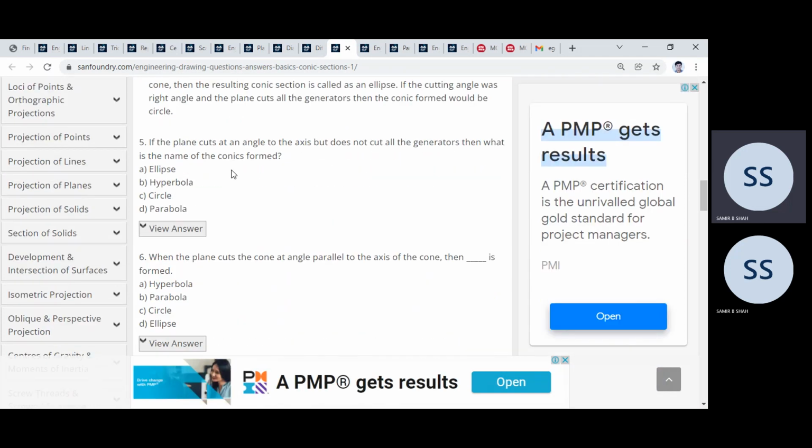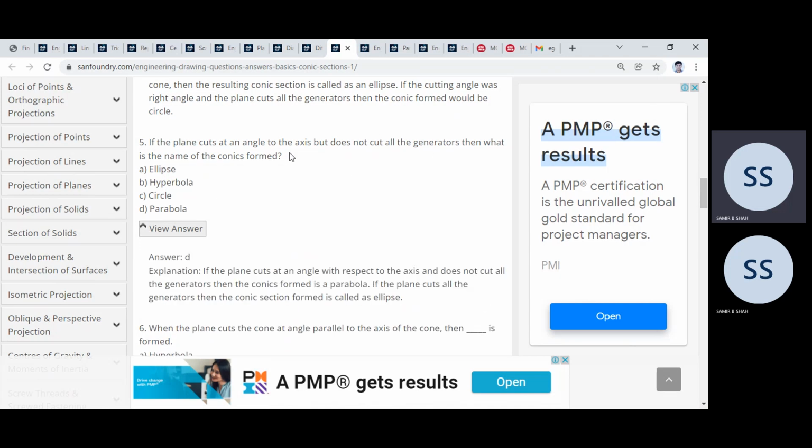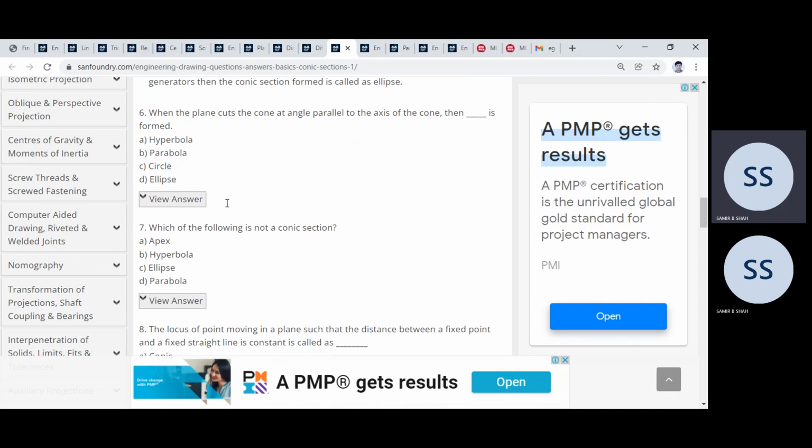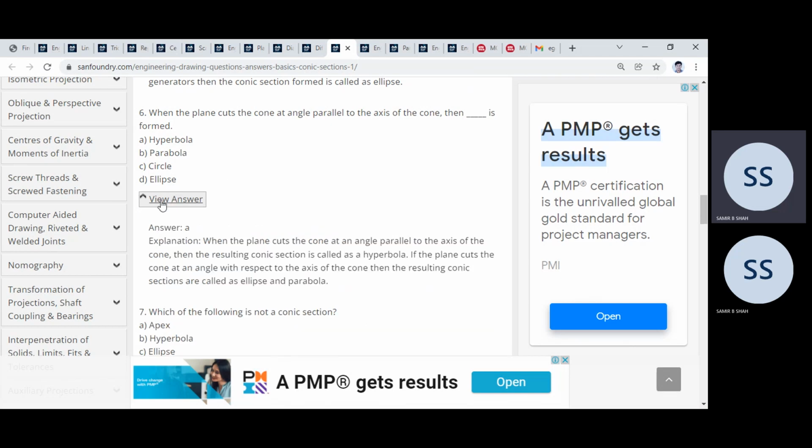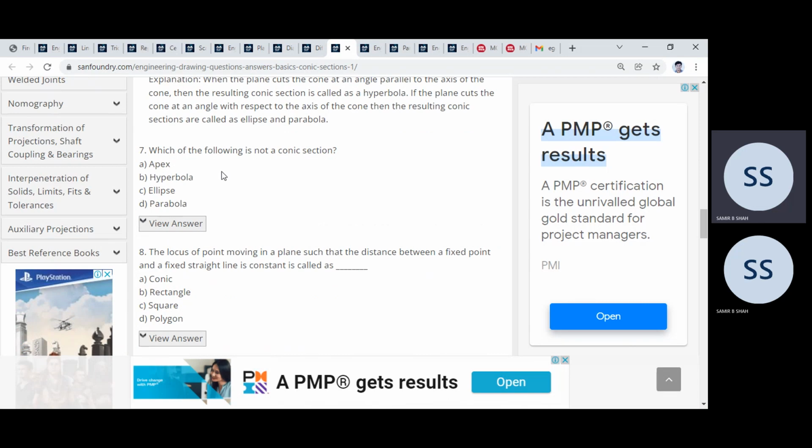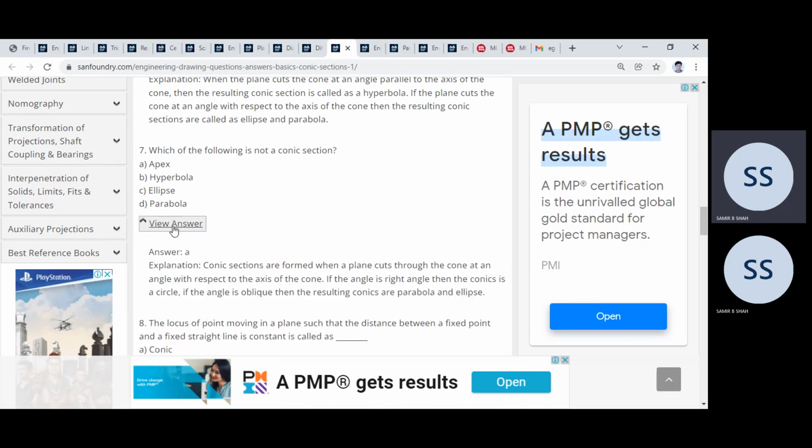If the plane cuts at an angle to the axis but does not cut all the generators, then you get a conic form. Okay, then it's called a parabola. When the plane cuts the cone at an angle parallel to the axis of the cone, it is called a hyperbola.